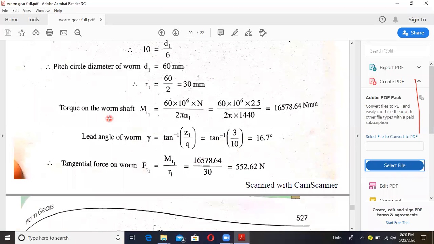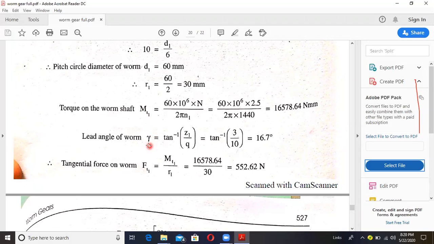Next, calculate the torque on the worm shaft. The formula to calculate torque is Mt1 is equal to 60 into 10 to the power of 6 into N divided by 2 pi N1. We get torque equal to 16578.64 Newton mm. Since we are calculating torque on the worm, it is represented by Mt1.